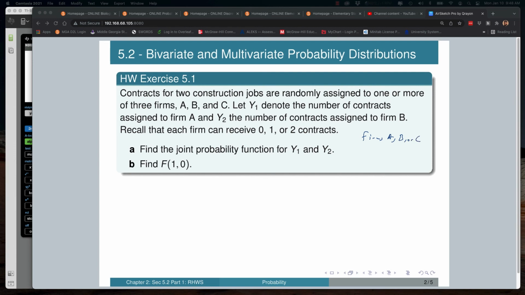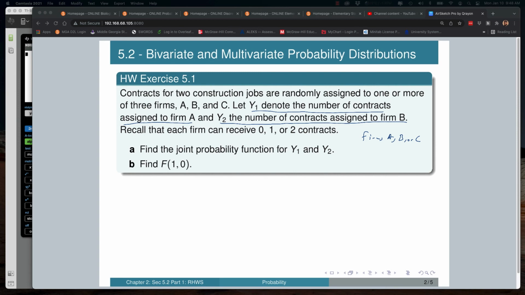We know that Y sub 1 denotes the number of contracts assigned to firm A, and Y2 the number of contracts assigned to firm B. So I'm going to go to the next page and do my sample space from there.